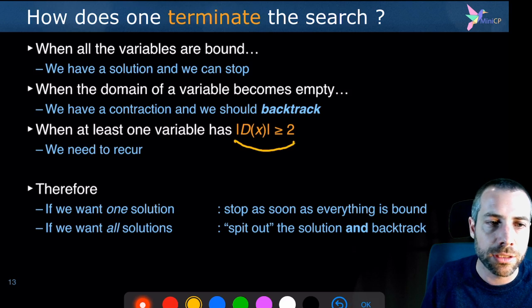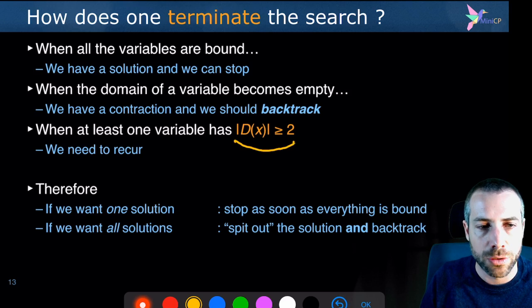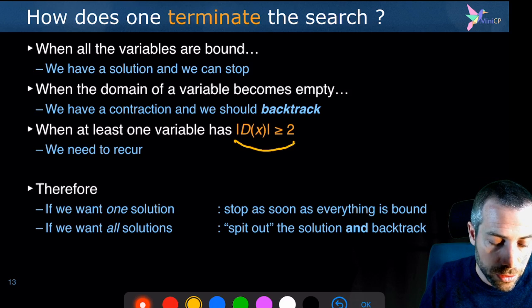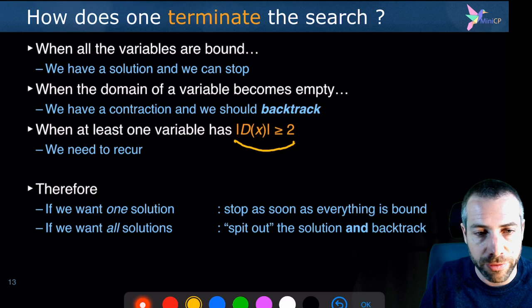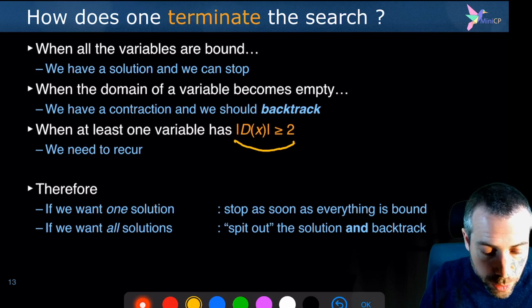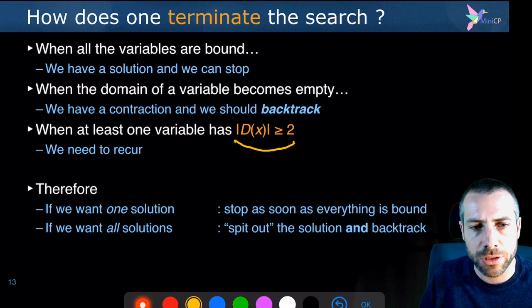In that case, you need to recursively search and call your branching strategy. You can decide to go for one solution, in which case you stop as soon as you have found one feasible solution. Or another strategy, which is the one used in optimization, is to discover all the feasible solutions.